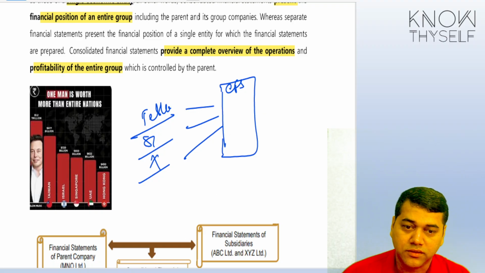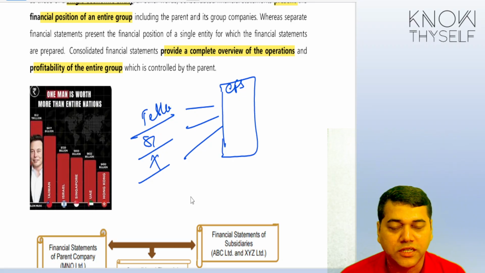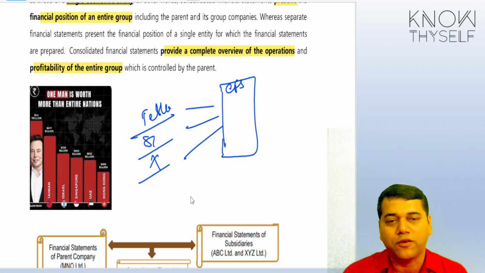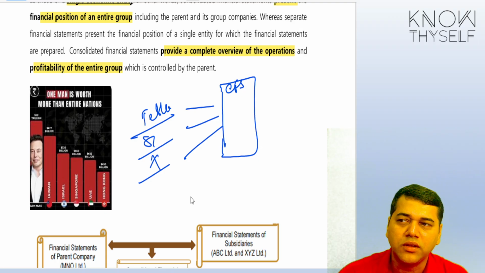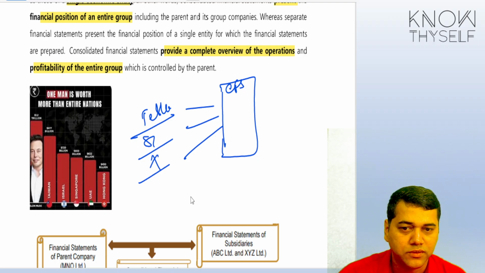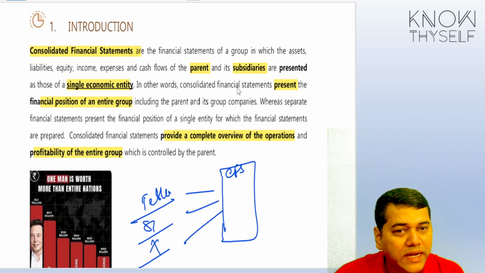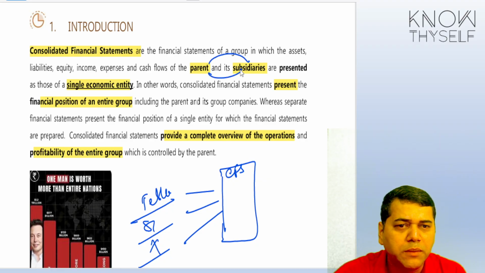Even when I look at my wealth from the consolidation level, that gives me more comfort. But if I look at the standalone, I may not get that perspective. So in a consolidation, you and your entities, subsidiaries and everything, ultimately they are going to help each other because all these people are within your circle.